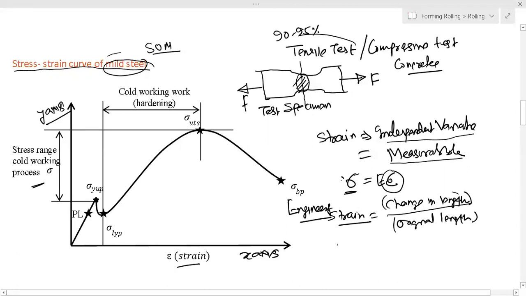In engineering strain, the percentage change is only 0.5%, 1%, or 2%. So if the original length is 100 centimeters and the strain is 1%, the elongation is 1 centimeter. So in engineering strain the percentage change is small.